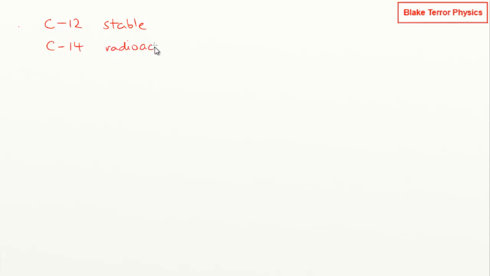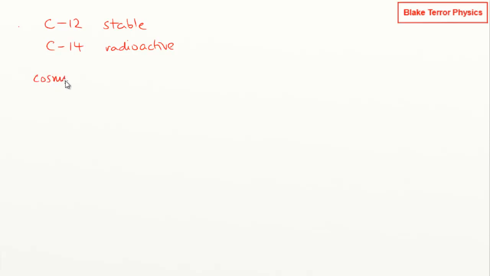Now this carbon-14 is mostly produced by cosmic rays in the upper atmosphere. Cosmic rays are small particles. They mostly come from the sun. It's stuff that gets chucked out by stars. So it's mostly protons.